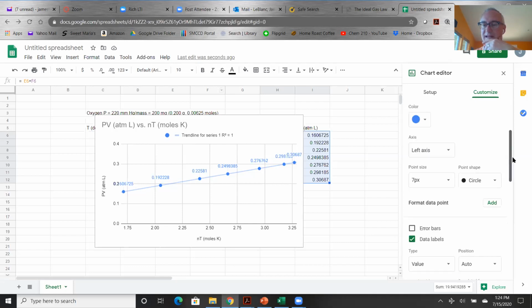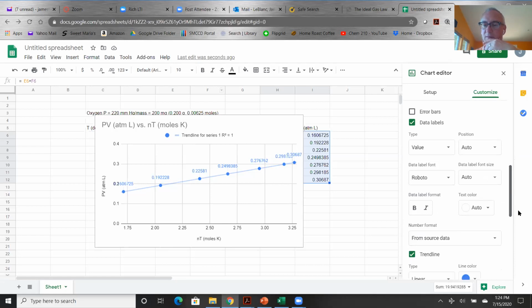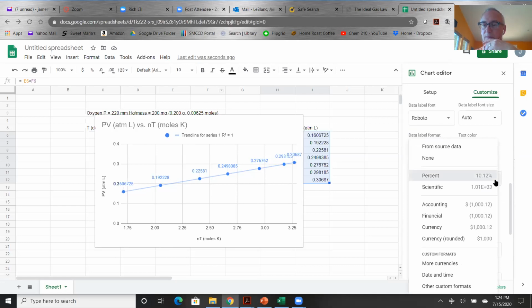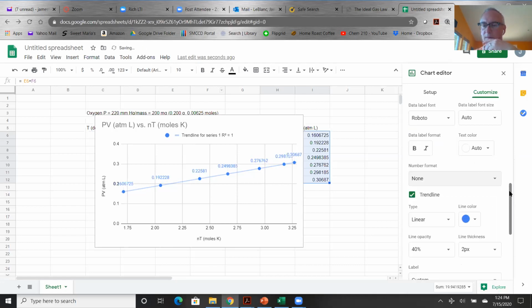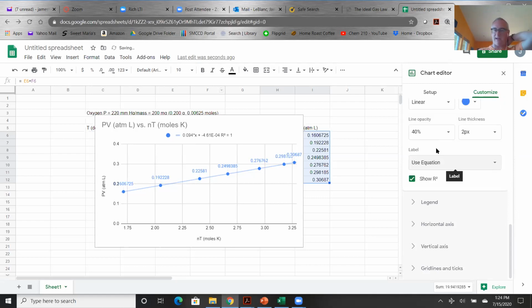Okay. And it's hidden somewhere, because who would actually want to see what the slope of their line is? Oh, number format. Is that it? Nope, I don't want that. It's near the bottom. It says label. Oh, custom label. Label. There it is. Use equation. Oh my God. There we go.